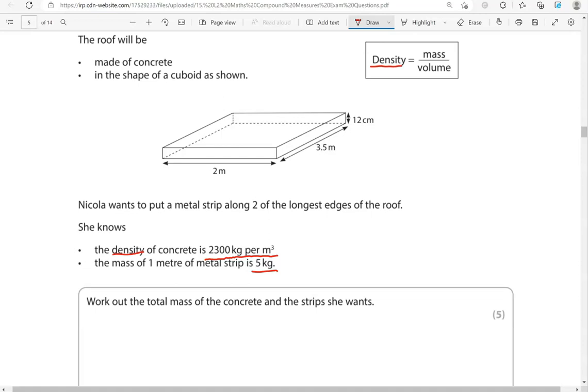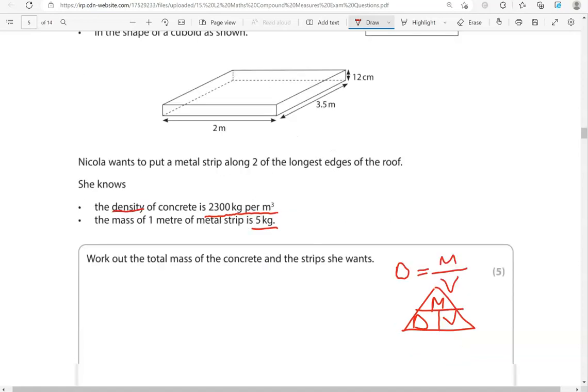Similar to previous questions that related to speed, we can write this as D is equal to M divided by V. Some people use "don't move Vera" as a way to remember. So I'm going to write it in the shape of a triangle, just like we did before with speed.